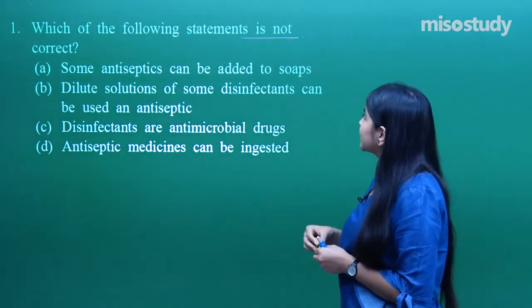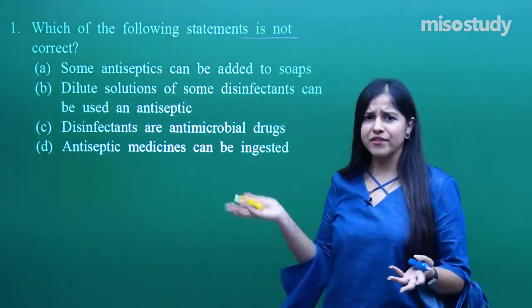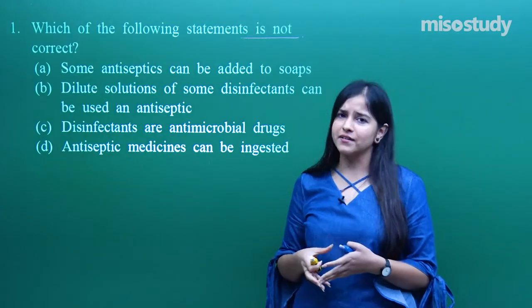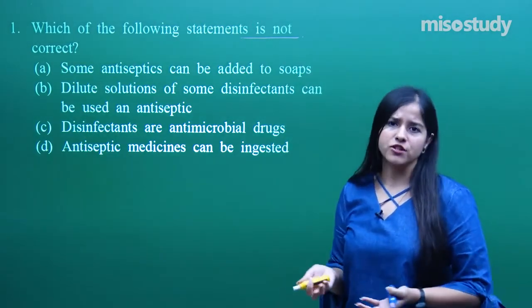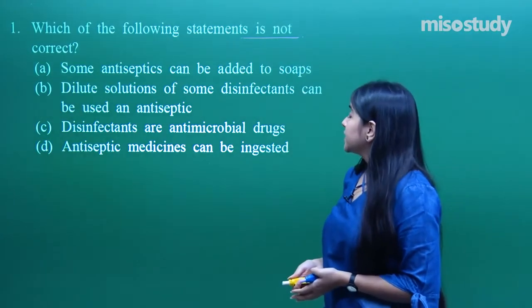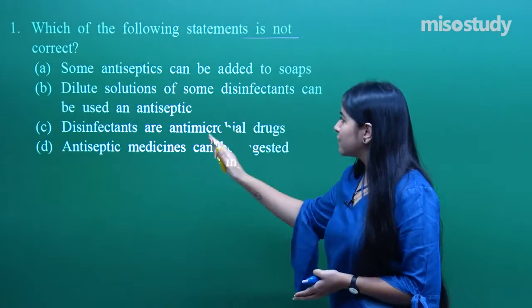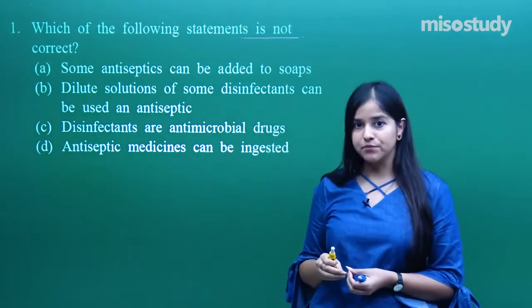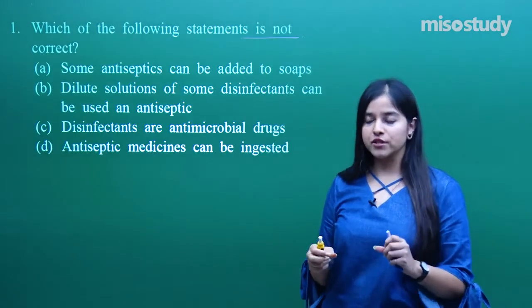Some antiseptics can be added to soaps. You must be knowing about it. It's a very general statement that antiseptic soaps are there, like Dettol and Lifebuoy, who have launched their antiseptic soaps. Next one, dilute solutions of some disinfectants can be used as an antiseptic. There are compounds like phenol.